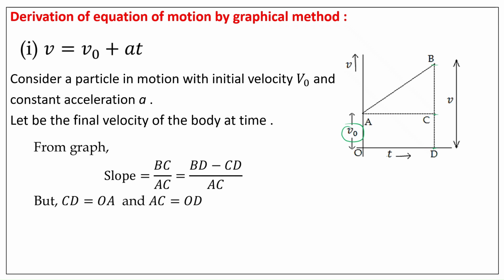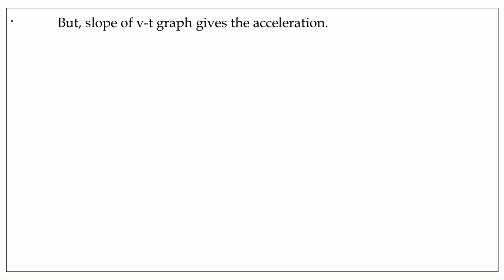But here, cd is equal to oa and ac is equal to od. Therefore slope is equal to bd minus oa by od. bd is v, oa is v0, and od is t. Therefore slope is equal to v minus v0 by t.